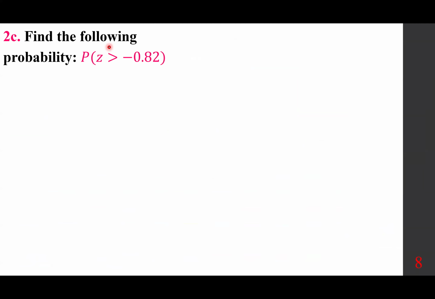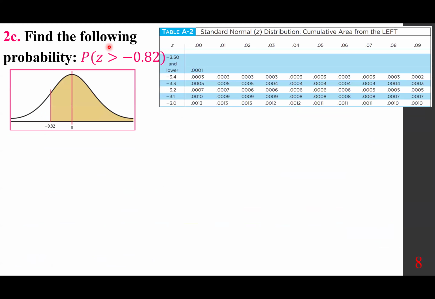Find the following probability, probability of z larger than negative 0.82. Well, again, limitation of space, I'm going to have the table as such. The very first thing you want to do, you want to graph so you have an idea of what's going on.